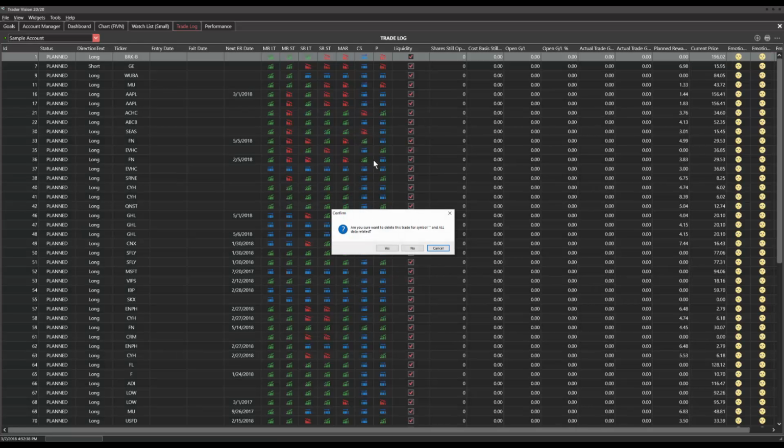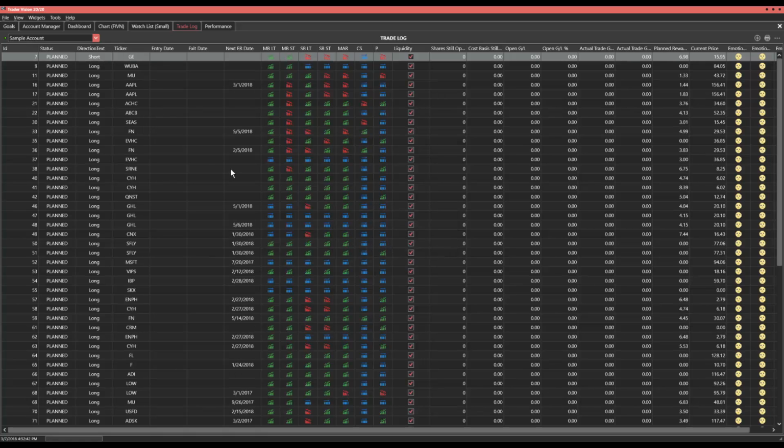It asks if I'm sure I want to delete it. I say yes, that trade's gone. So that's how you would go through and clean up. On a periodic basis, like once a week, once every 2 weeks, whatever you want, you can go through and select the ones you no longer want to watch and delete them. That way they're out of your way and things are less cluttered.